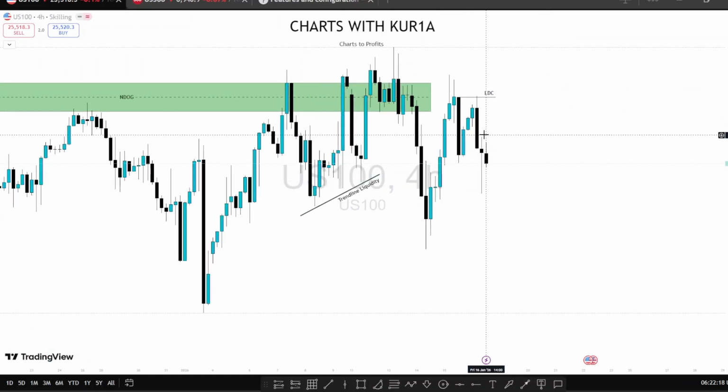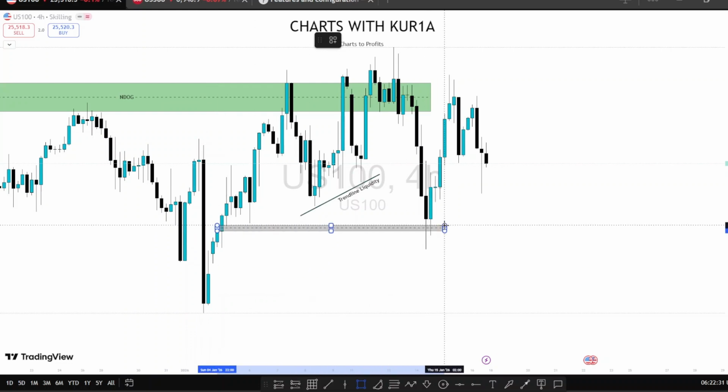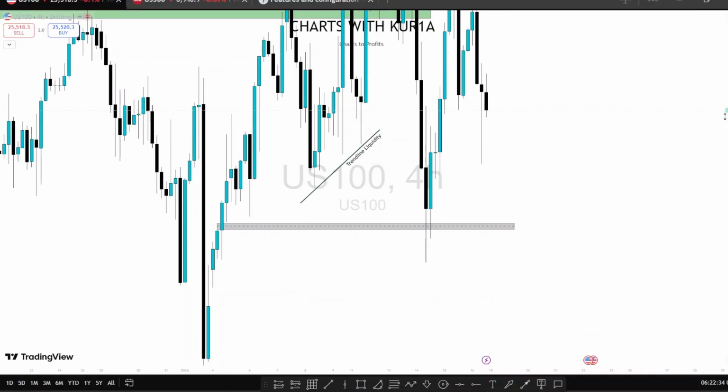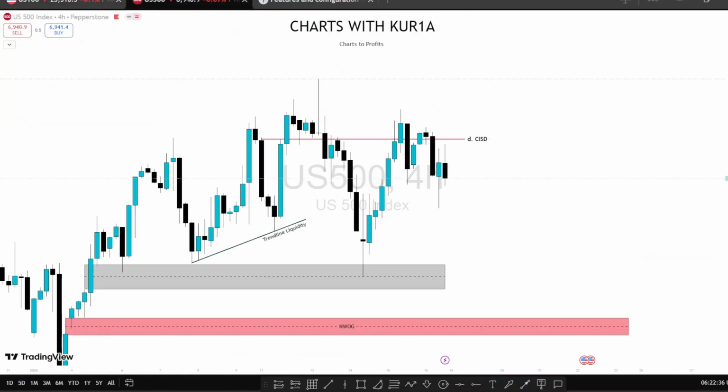Let me just clear this. So you can see I had this trend line liquidity, and then this small imbalance on the 4-hour chart. You have seen it's bigger on US 500.